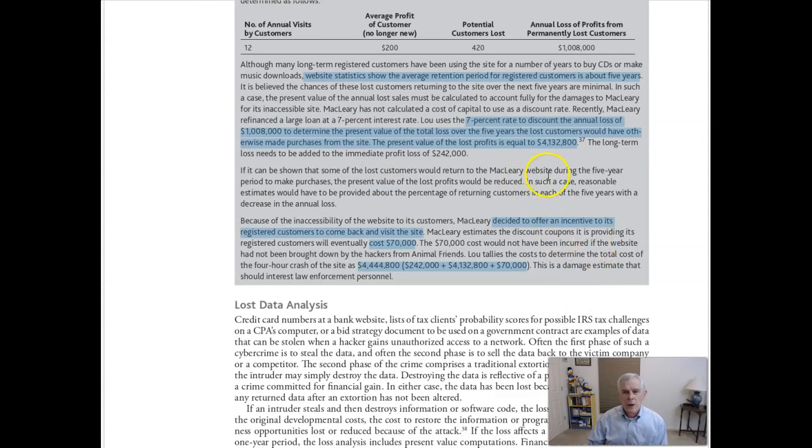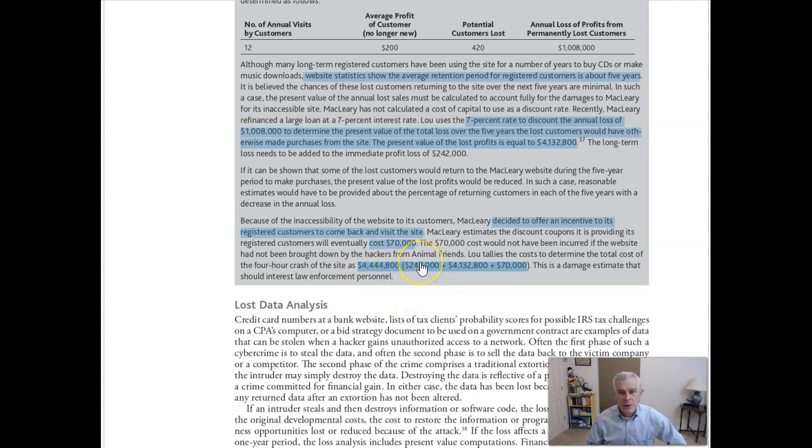And so, again, that's added to this immediate loss of $242,000. And then what they do, they said, well, to try to win customers back, let's pay $70,000 in coupons, benefit going out. That's another amount to add to the cost. So this total cost for this 4-hour downtime was over $4.4 million.